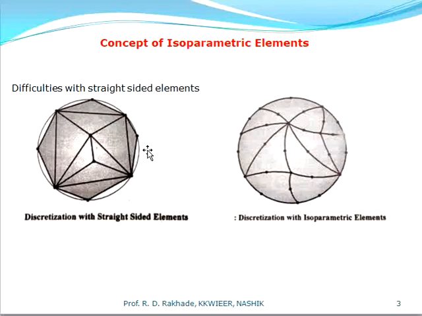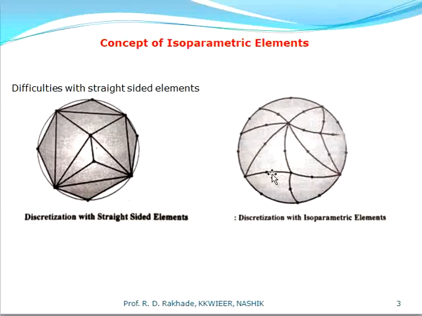So in order to reduce the error and improve the accuracy, it is necessary to increase the number of straight side elements. However, as the number of elements increases, so does the requirement of computational space as well as computational time. So this error can be minimized by using curved side elements.